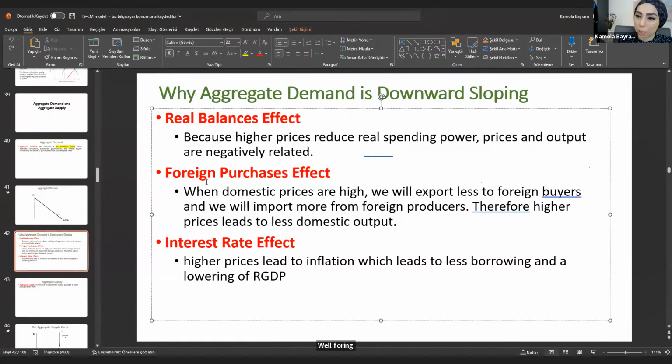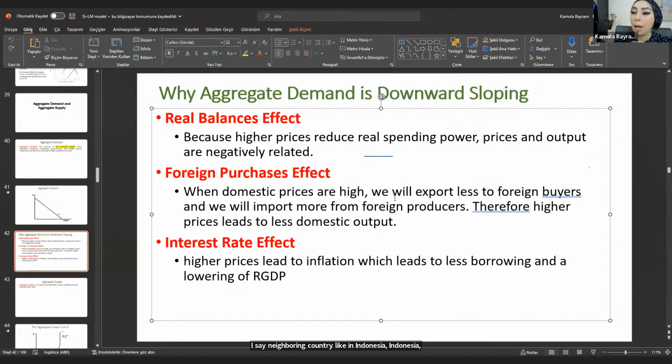Now, foreign purchase effect. When domestic prices are high, we will export less to foreign buyers, and we will import more from foreign producers. Again, like in my previous example with coffee. For example, I am a coffee producer, okay? And I can sell that coffee for a higher price compared to, let us say, neighboring countries like Indonesia and Thailand.